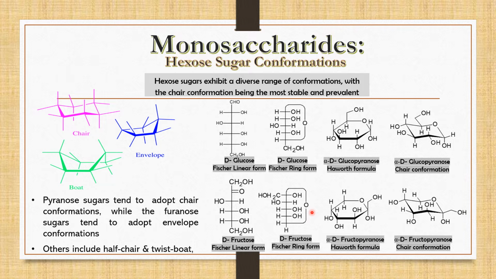Sugars exhibit a diverse range of conformations. The Haworth formula may be used to indicate the ring forms of monosaccharides, as we have said. The substituents on the carbon atoms are represented as extending above or below the plane of the ring.